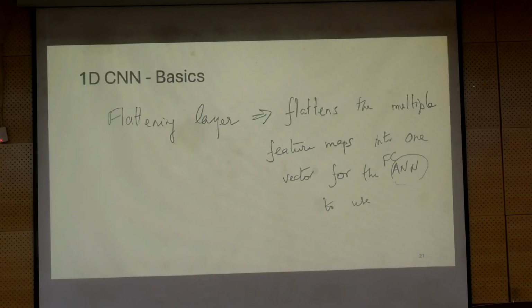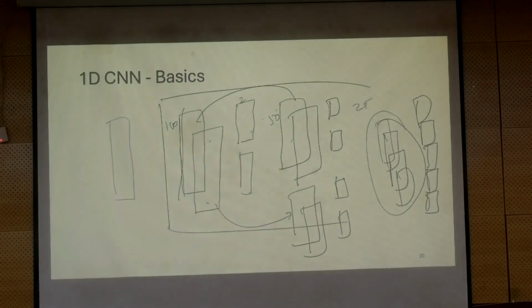So now let us look at the number of weights that need to be trained. In the first convolutional layer, let us say we have 2 filters, each of size 2, then we have 4 weights. Here we have 4 weights, again 4 weights, right?